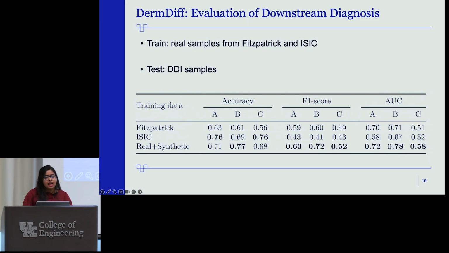And if you see the results for accuracy, F1 score and AUC score across all the skin tone types A, B, C, the model that was trained with real and synthetic images improves all the classification results, especially AUC and F1 score. And if you see the results for darker skin tone, which is C, it improved AUC and F1 scores even more.